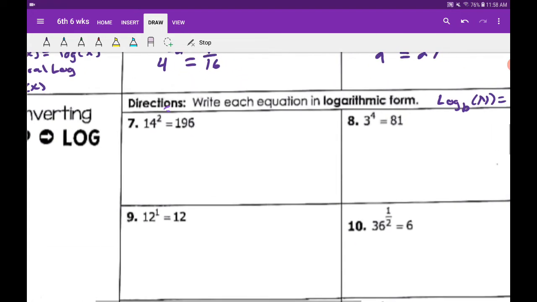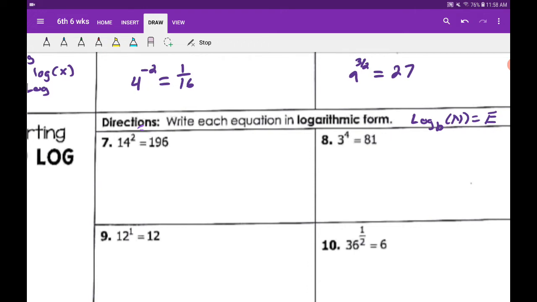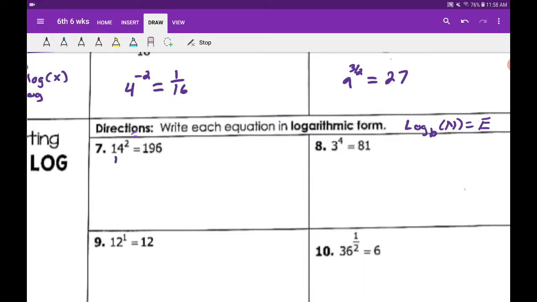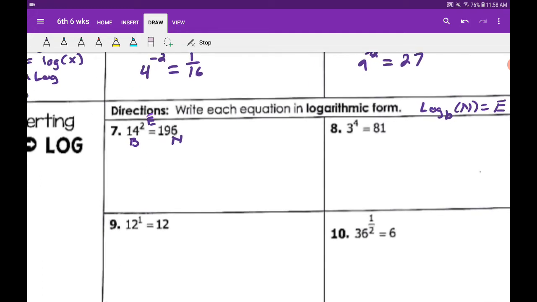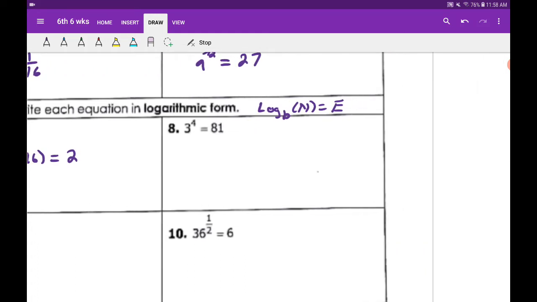Okay, so in the exponentials, the 14 is our base, the 2 is obviously the exponent, and this is going to be our number. To write it as a log, first we're going to write out log. Our base is 14, put the number in, I like to use parentheses, and it equals the exponent, which is 2. Going on to here, this is going to be a log base 3 of our number, which equals 4.